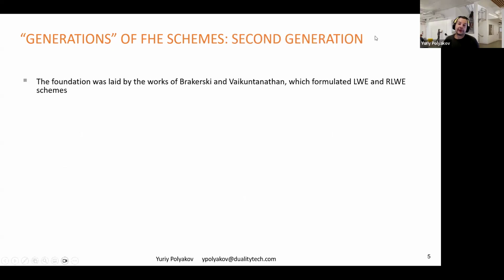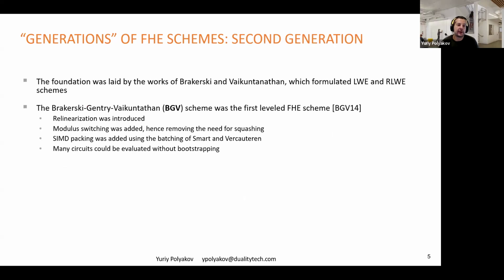Next, we're going to talk about the second generation, and the second generation, I would say, came from two major works by Zvika Brakerski and Vinod Vaikuntanathan that presented LWE and ring LWE schemes and certain new tools there.